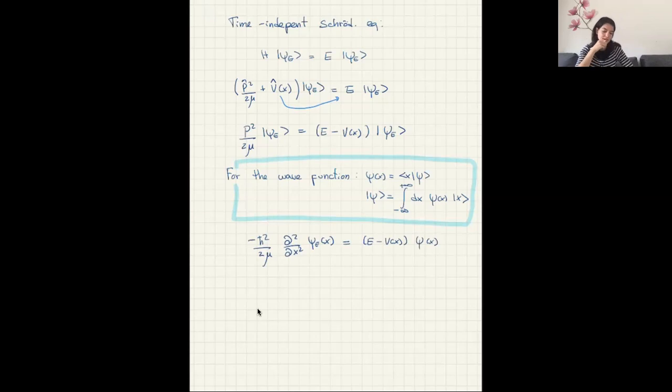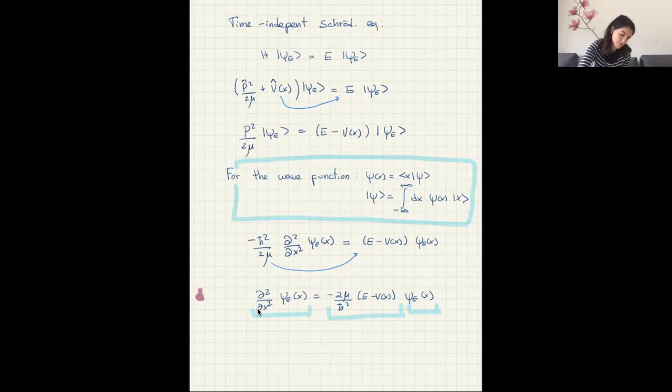Let's just move this to the other side to get only the derivative on the left of x. So minus 2 mu over h bar squared, E minus V of x. So what we have here is just a differential equation, right? Where we have the second derivative of a function equals, for each x, a constant times the function itself. So this is just a differential equation that we try to solve.